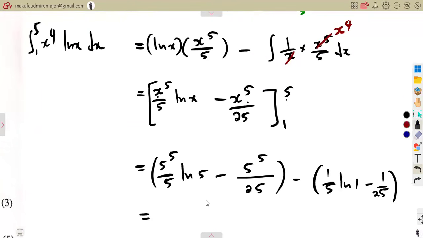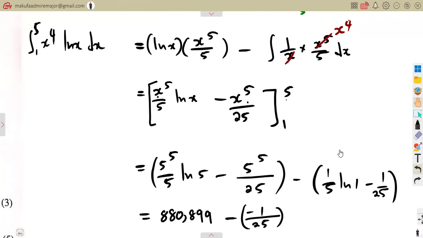On your calculator, simply means upper limit minus the lower limit. So this was going to be 880,899 minus this part here. You're going to obtain minus 1 over 25.